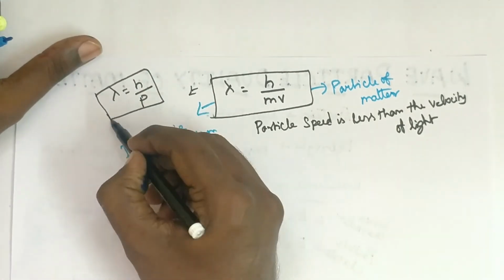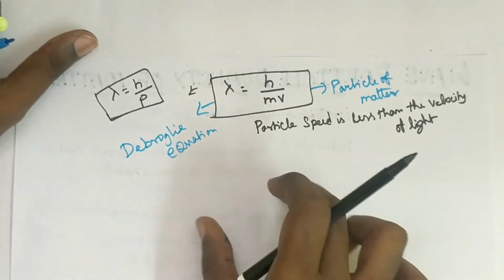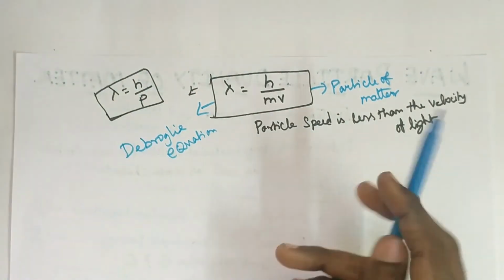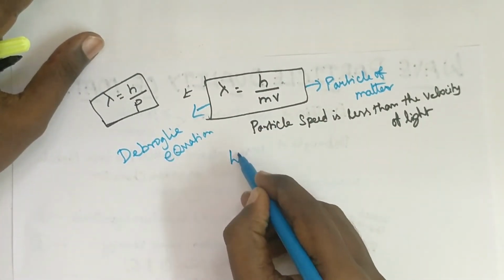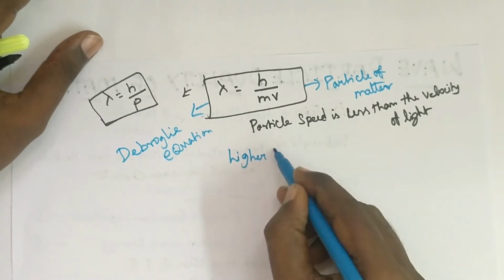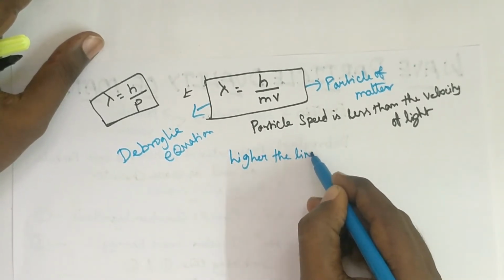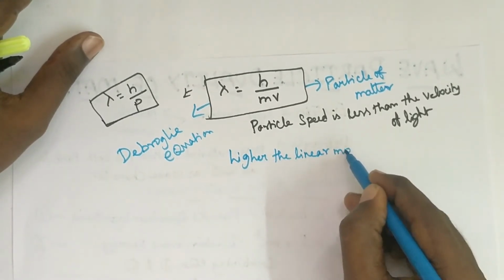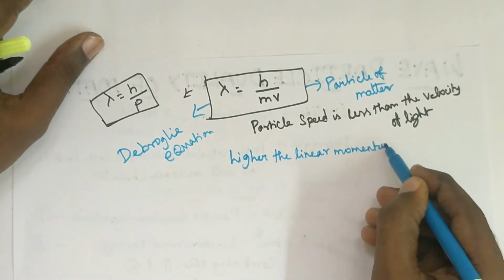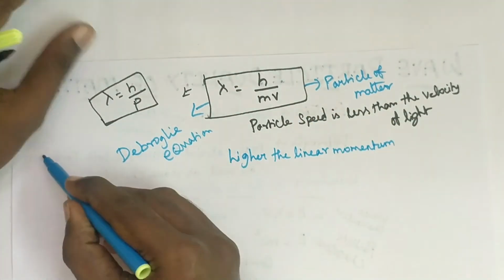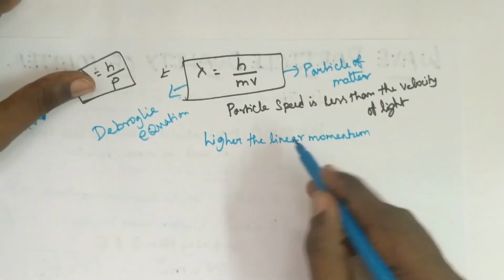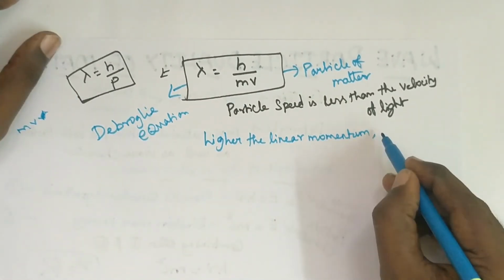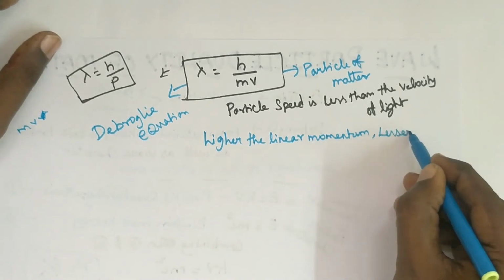It has one significance: if mv is higher, that is the linear momentum. In Bohr's postulate I already said angular momentum involves mv, while linear momentum is only mv. So the higher the linear momentum, the lesser the wavelength.